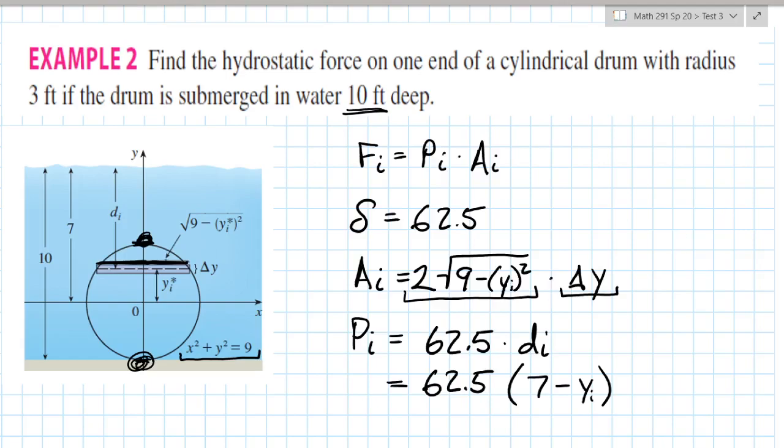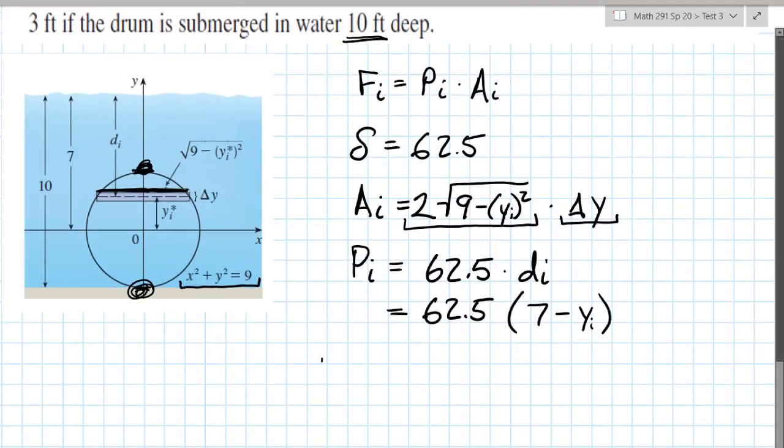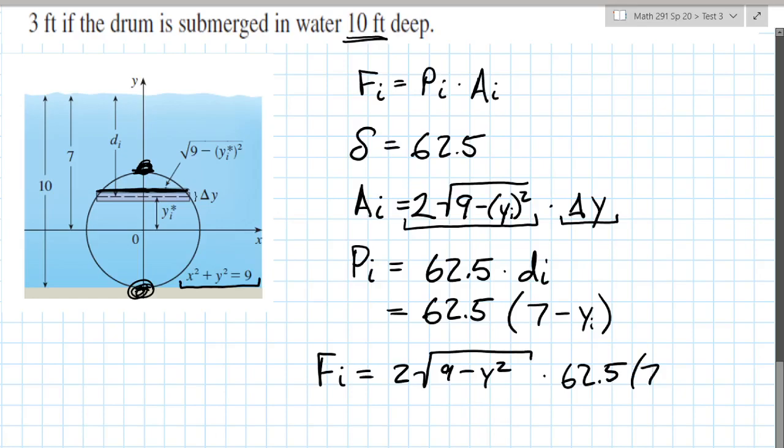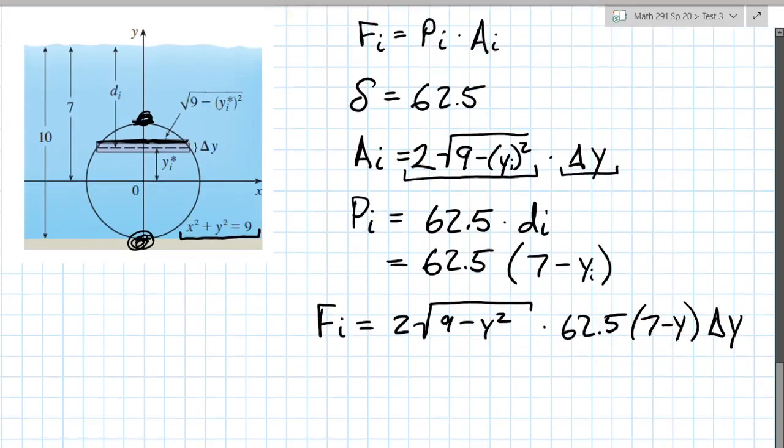Okay, so the force on the ith rectangle is going to be 2 times the square root of 9 minus y squared times 62.5 times 7 minus y, delta y.